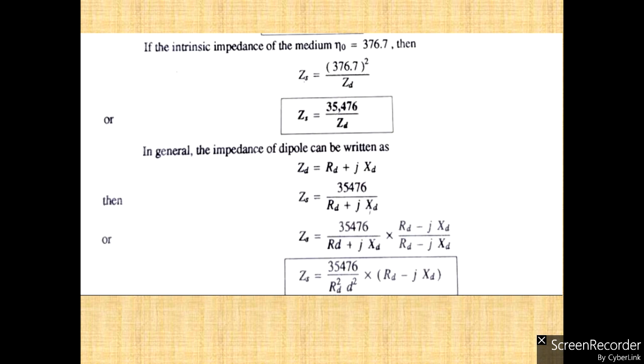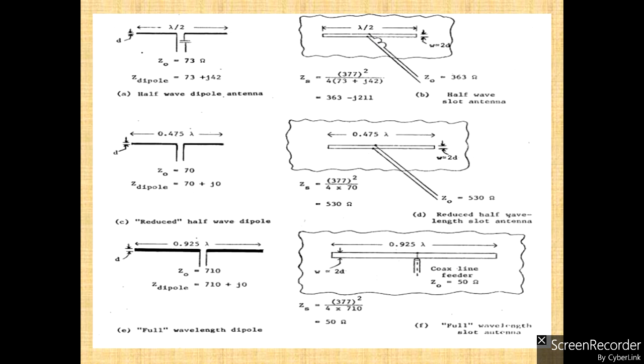In general, the impedance of a dipole can be written as Zd equal to Rd plus jXd, where capital R is the resistance and capital X is the reactance part. We can divide it in terms of the real part and the imaginary part.